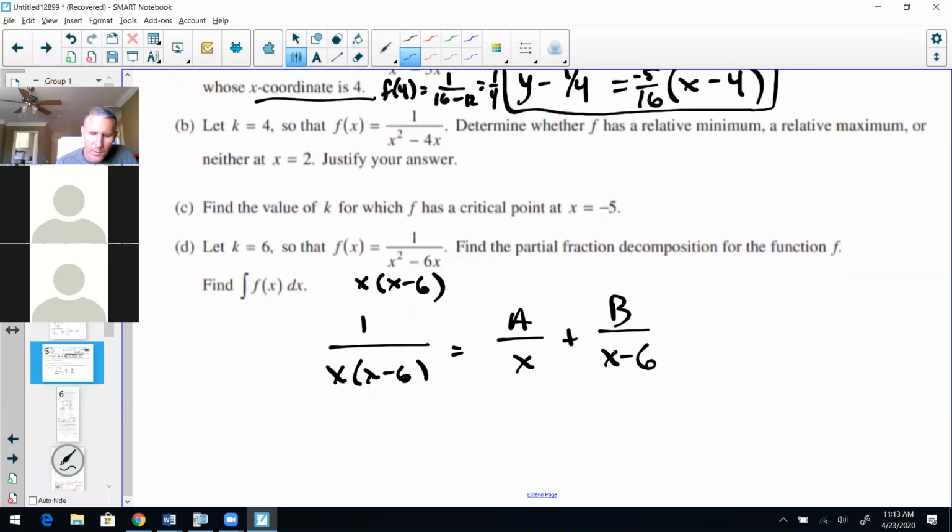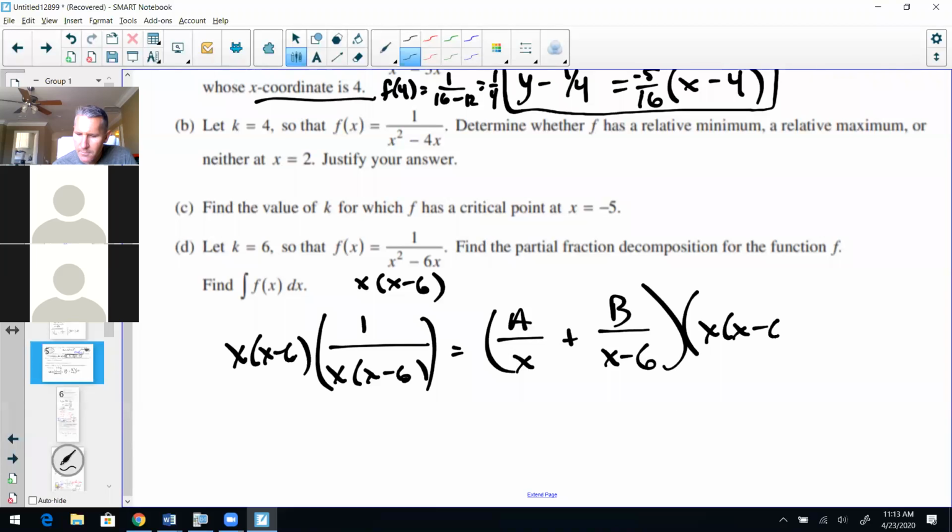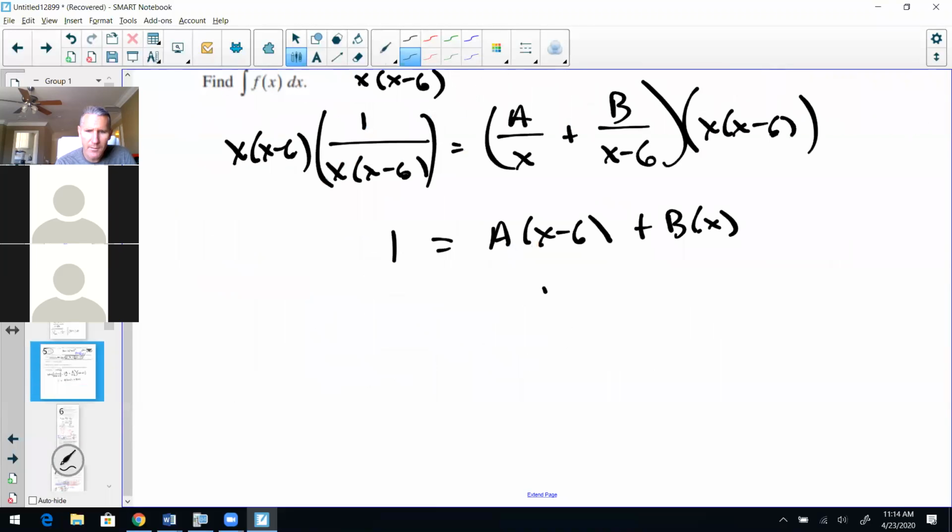So here, by multiplying both sides by x times x minus 6, I'm left with 1 equals a times x minus 6 plus b times x, right?